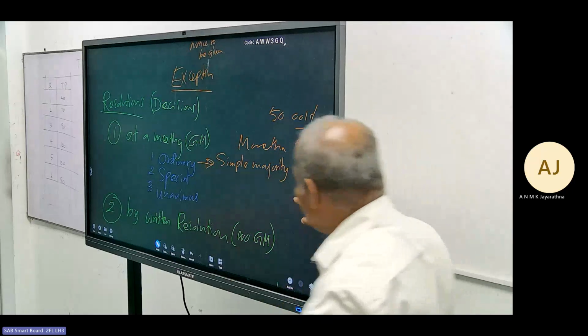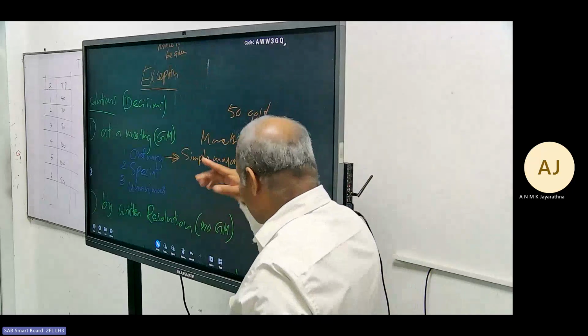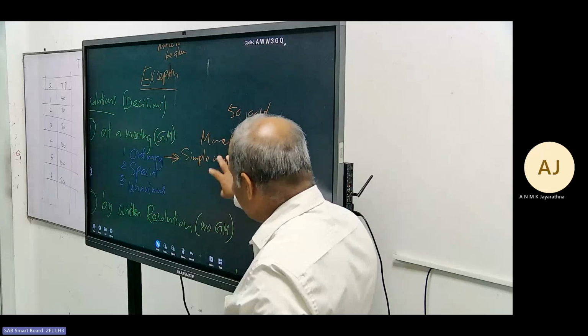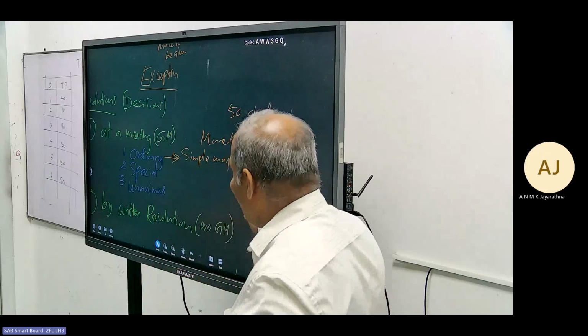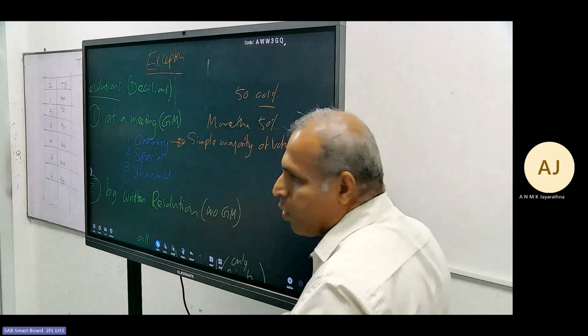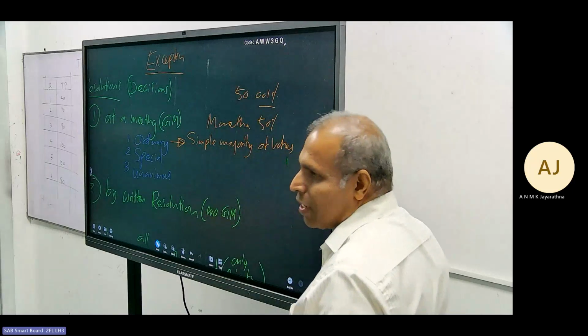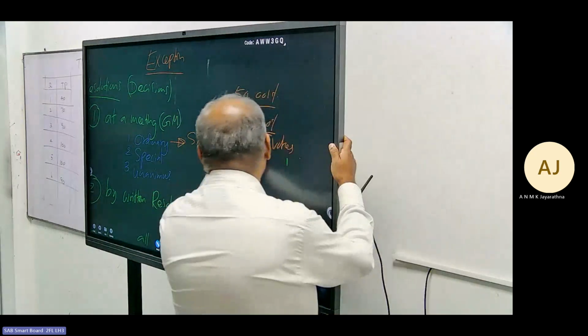So a resolution passed by a simple majority of votes is named an ordinary resolution. Simple majority of votes means more than 50.